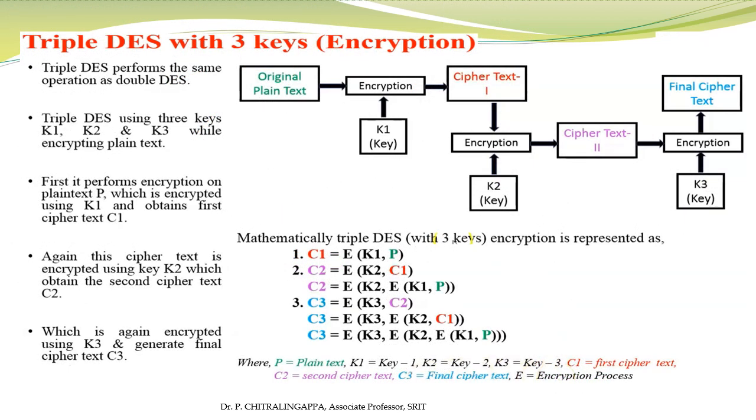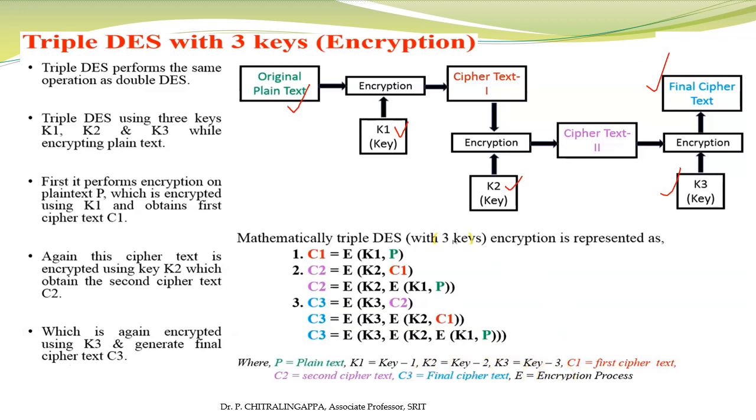Triple DES is also there. In triple DES, what are we doing? There is an original plain text. You do encryption using key 1 and get one ciphertext. Again you apply the encryption process with key 2 and get one more ciphertext. Then you apply the encryption process with key 3 and get the final ciphertext.